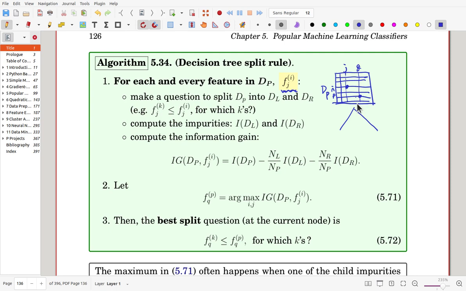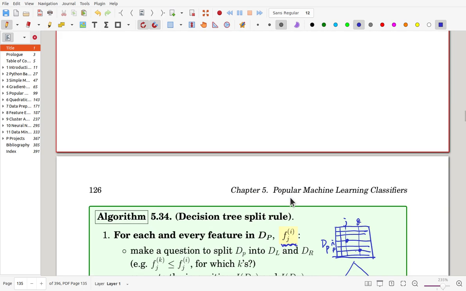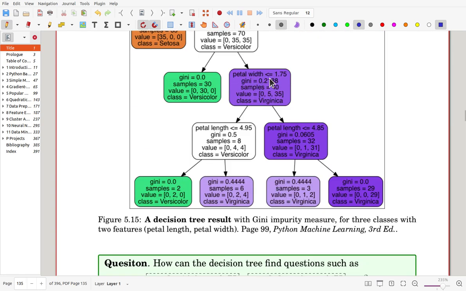So in this way, we try to split the parent data set into two children data sets. So in that way, for each split, the inequality, that question, is made.